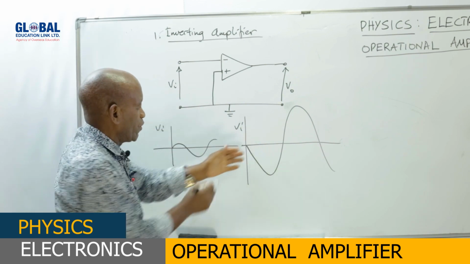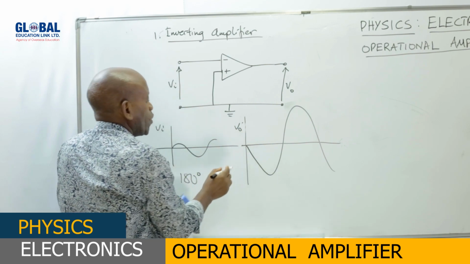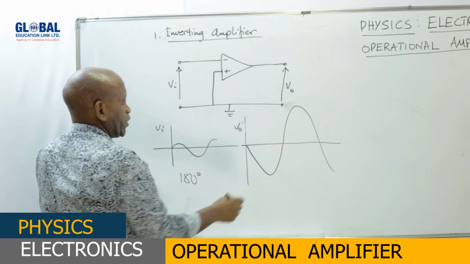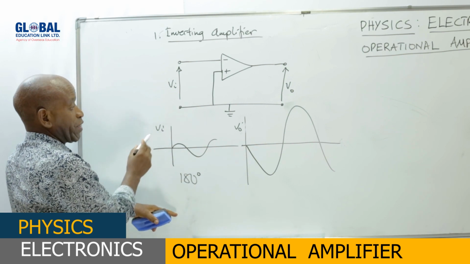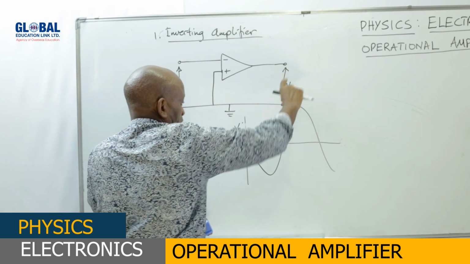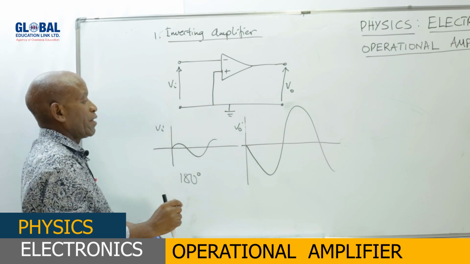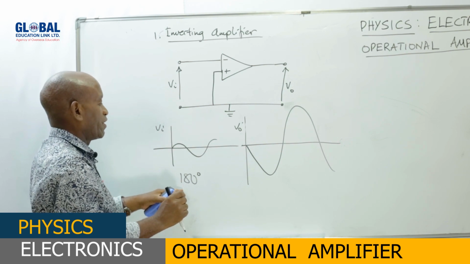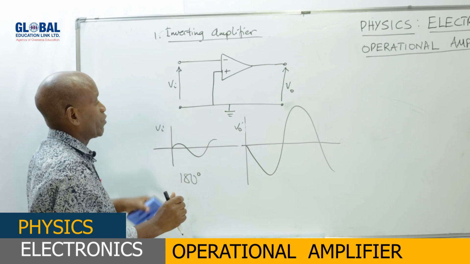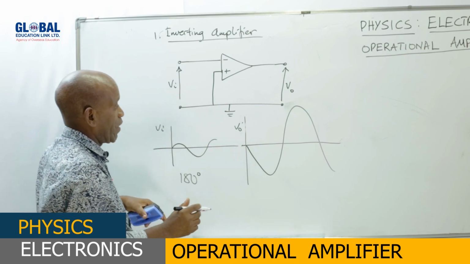The output signal will be amplified, but it will be 180 degrees out of phase with respect to the input signal. So this is the first case, the inverting amplifier.